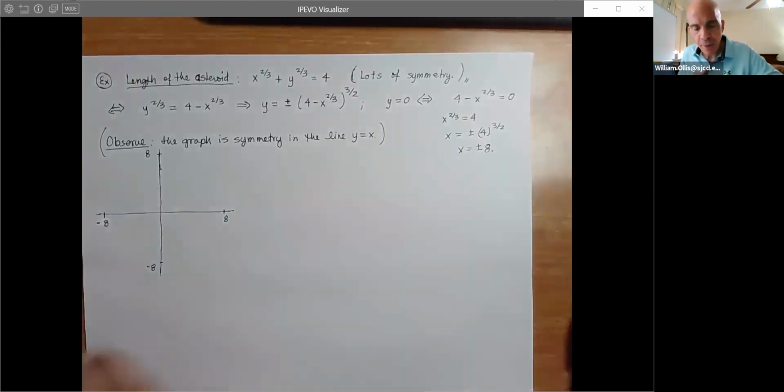Let me make sure I state this correctly. I've got a little argument here that I think will make this a bit simpler.